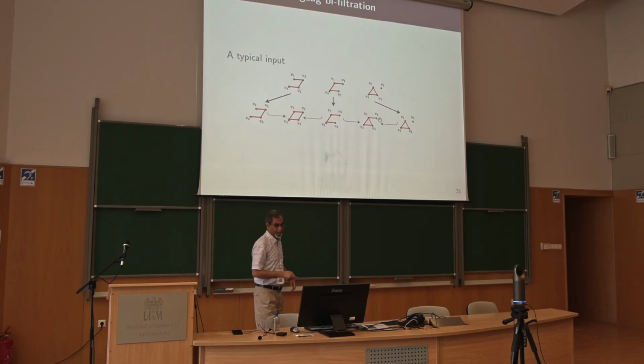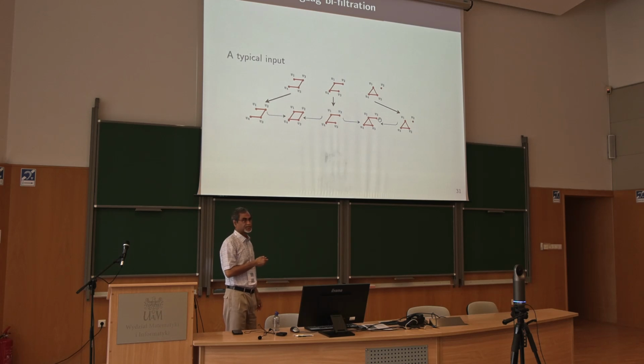Okay, so here is a typical input. For example, suppose there are 3 graphs, 1, 2, 3, which are changing. How can you get this quasi-zigzag from these 3 graphs? It's a very standard construction. In between you put the union of the graphs, so that inclusion goes in this direction.